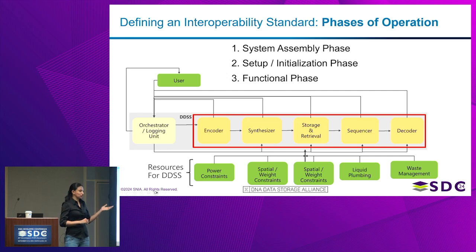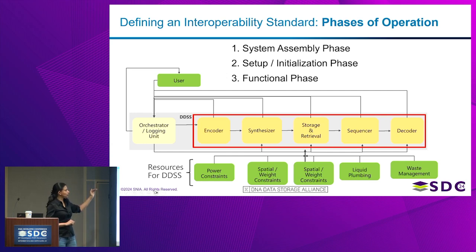The synthesizer, which is the write, and the sequencer, which is the read, should again be compatible in some of the attributes. The sequencer might need to be aware of the amount of error that is introduced during the synthesizer and storage steps, so that during retrieval and sequencing, enough coverage can be provided to combat that error. So all of these attributes might need to be checked during the assembly phase.